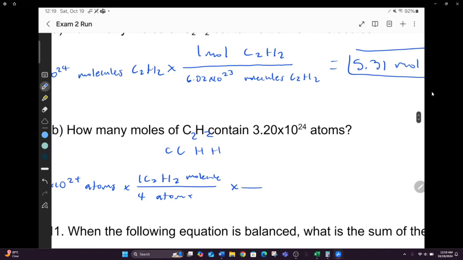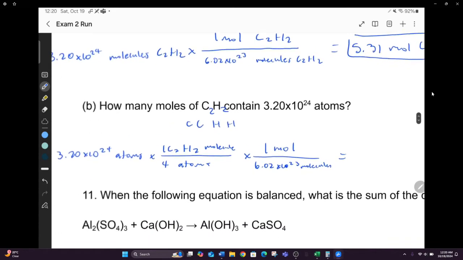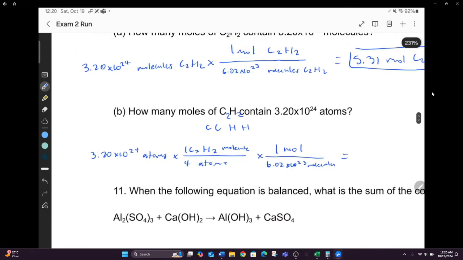And we know that 6.02 times 10 to the 23 molecules is 1 mole. The reason we're converting from atoms to molecules is because it's asking how many moles of C2H2. So we do that math, plug it into your calculator, you should get 1.33 moles.